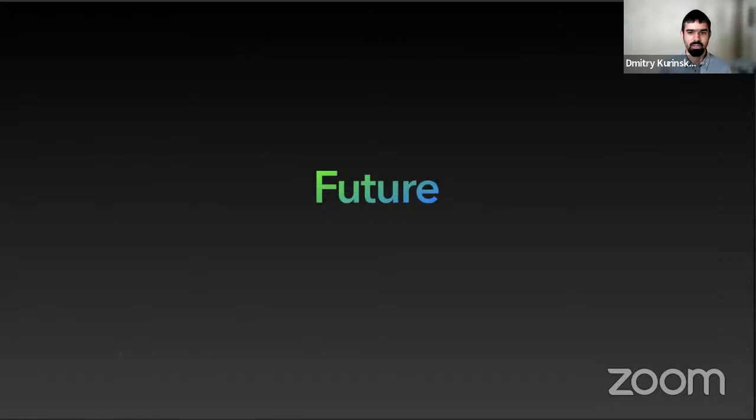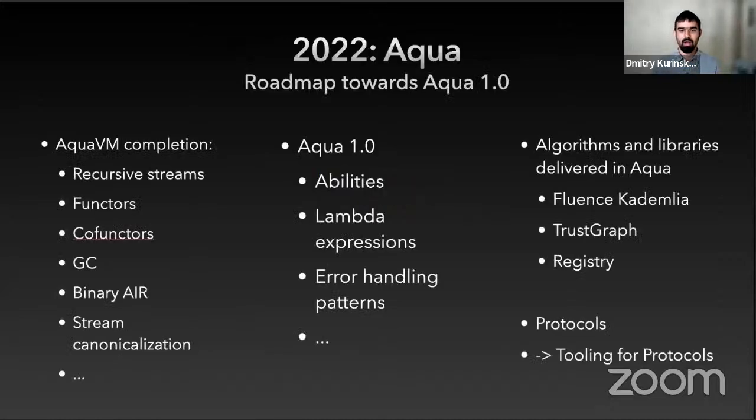So now let's switch to the future. As Aqua is the main entry point, the first part of the future is the roadmap towards Aqua 1.0. To enable Aqua 1.0, first we need to advance the Aqua virtual machine.